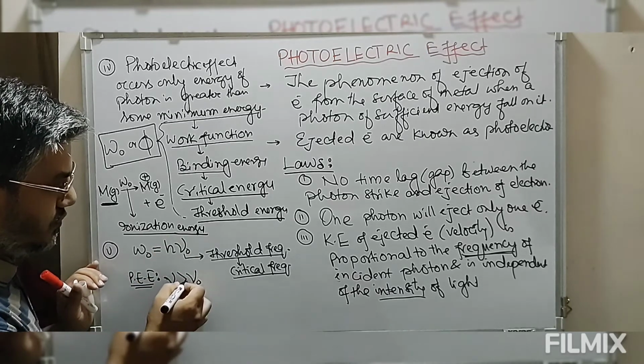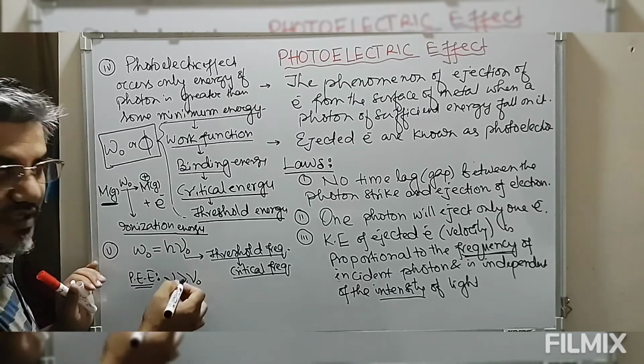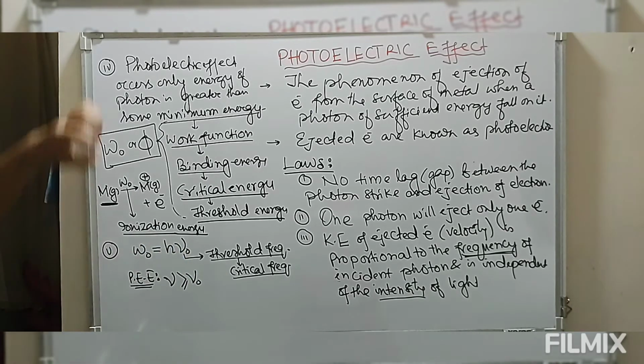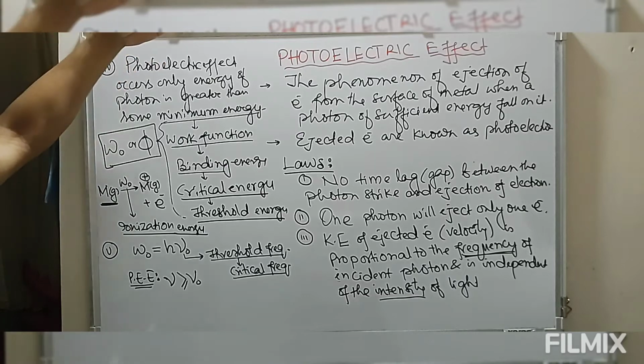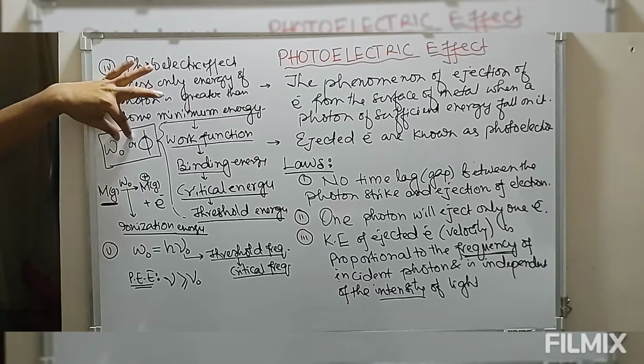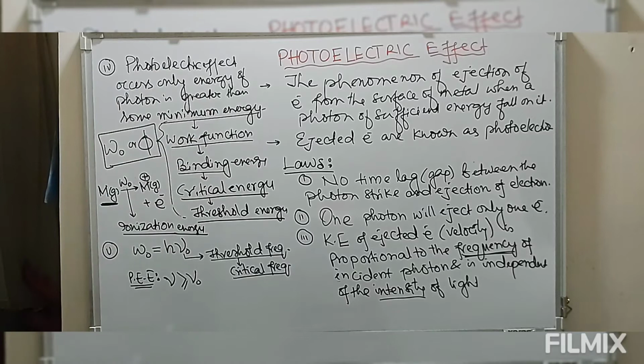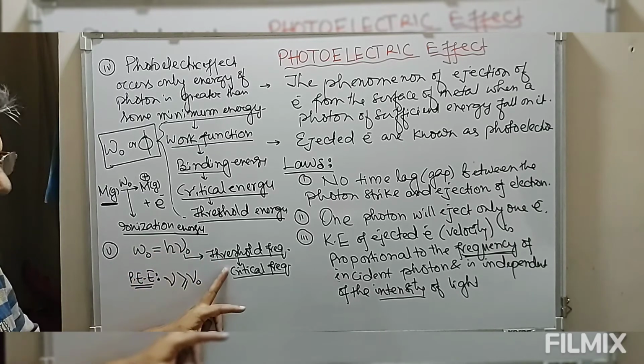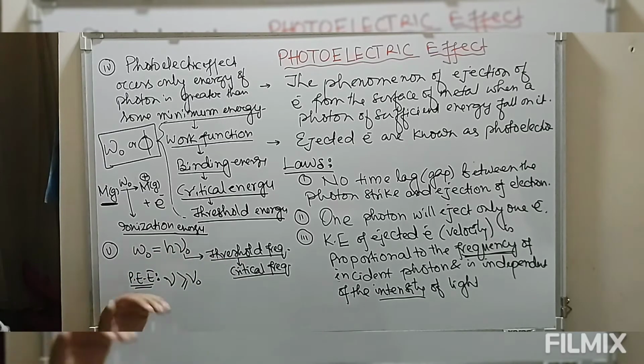So at least you have to supply this minimum energy or greater. The photoelectric effect occurs if the energy is greater than this minimum energy, which is given by different terms. For this minimum energy we need a minimum frequency, and this minimum frequency is what we call the threshold or critical frequency.